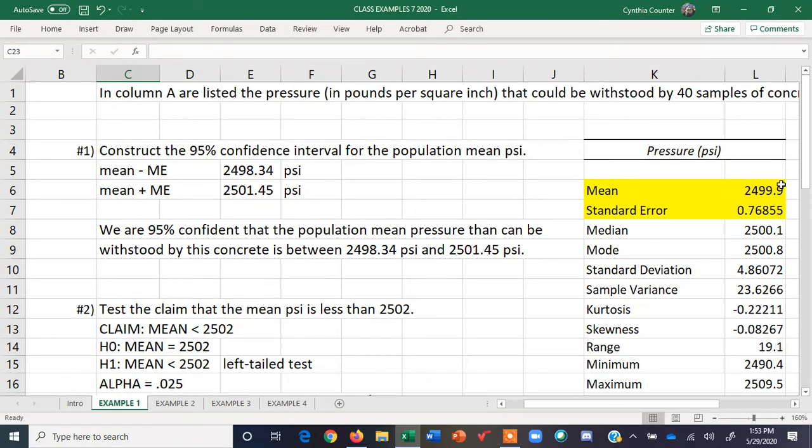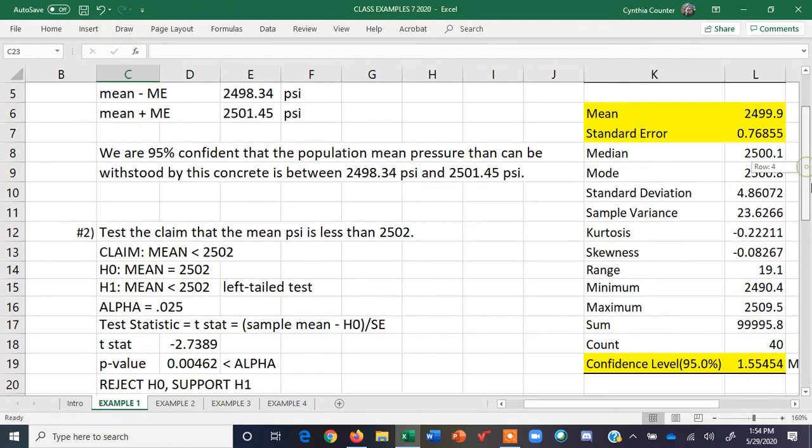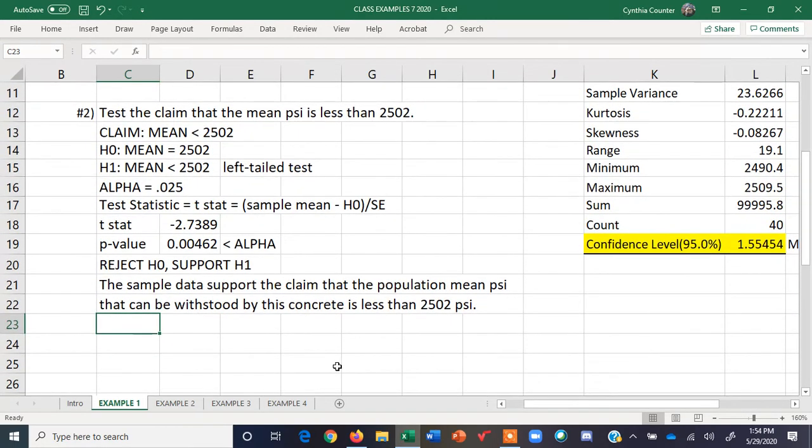sample mean of 2499.9 and the assumed value of 2502 is statistically significant. It's not likely due to random sampling error, but is statistically significant.